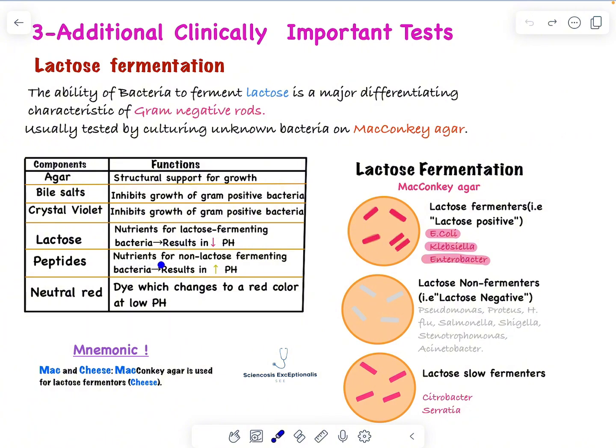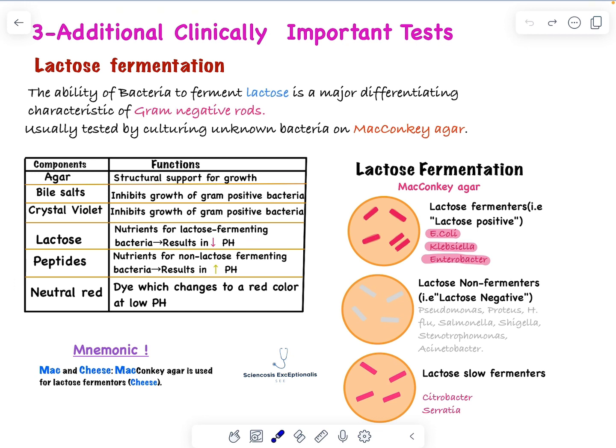Peptides, nutrients for non-lactose fermenting bacteria, result in alkaline metabolic products, so the pH is going to be increased. Neutral red, a dye which changes to a red color at low pH. So when the bacteria ferment lactose as a nutrient, the neutral red is going to change into a red color.